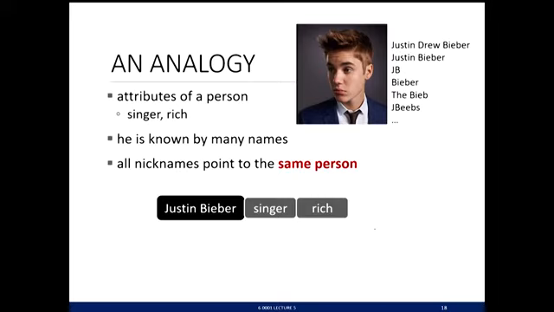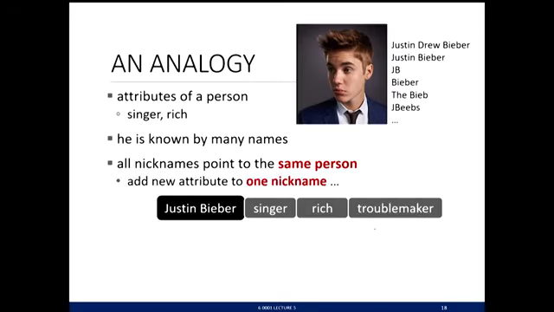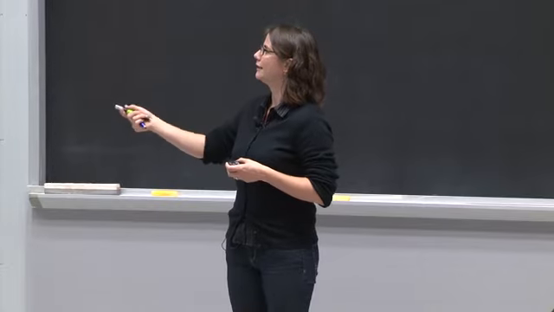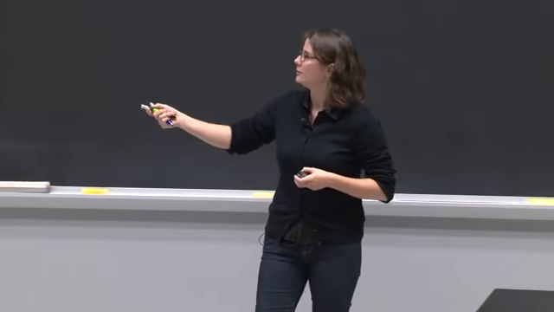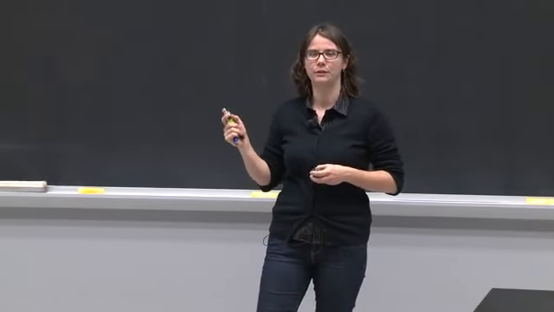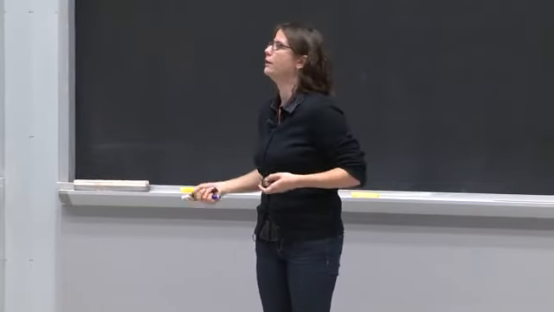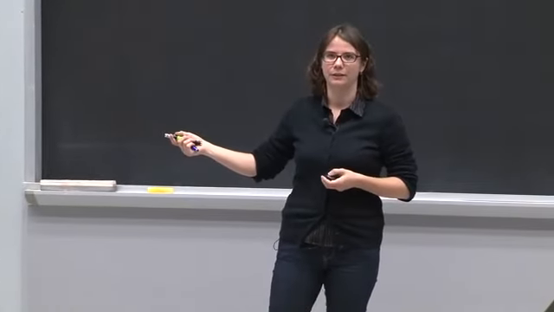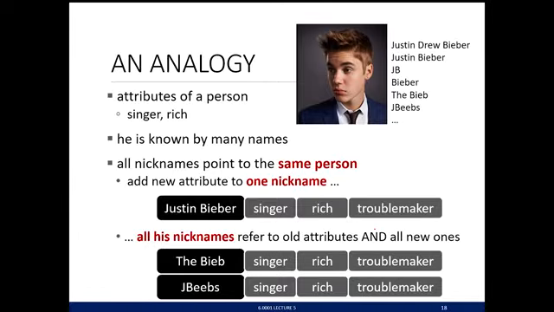Then I assign a different attribute and say Justin Bieber is a singer, rich, and a troublemaker. I'm being kind here. So it's the same person I'm referring to, and all of his nicknames are going to refer to this exact same person object, with these changed attributes. Does that make sense?